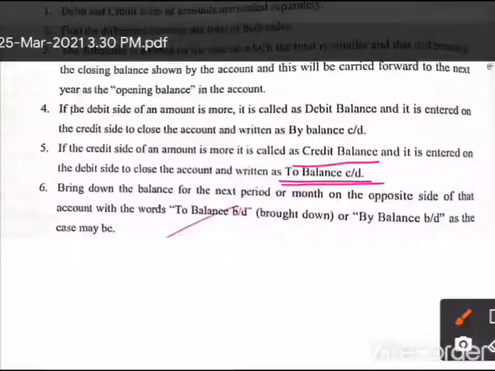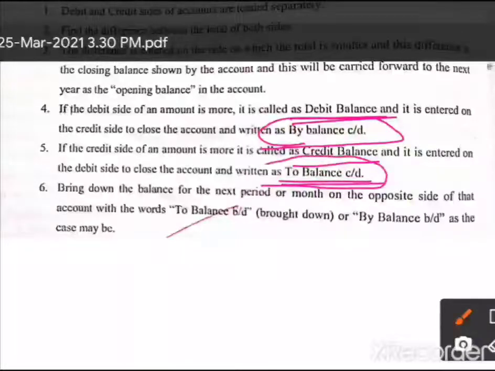At the debit side we will write "to balance carried down". You have to remember, if it is a debit balance, at the credit side we write "by balance carried down", and if it is a credit balance, we close it at the debit side as "to balance carried down".